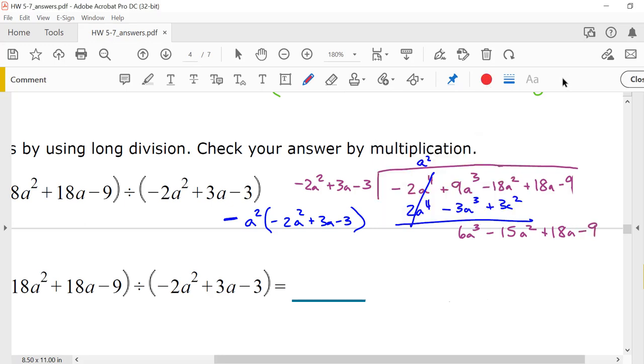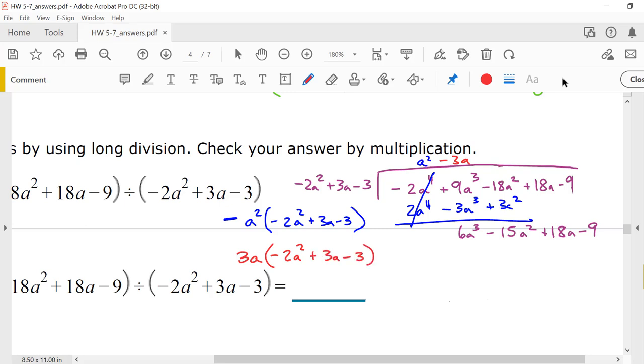Okay, negative 2a squared times negative 3a would give me 6a cubed. So I'm going to multiply by the opposite of that. So I'm going to multiply 3a times negative 2a squared plus 3a minus 3.